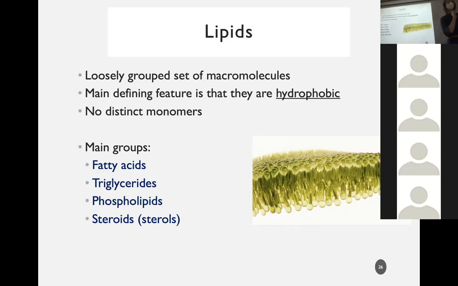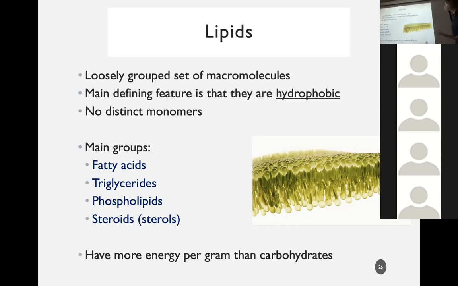First we're going to talk about fatty acids and triglycerides. But first, an important point is that these have a lot more energy per gram than carbohydrates. So they can store a lot of energy in an animal body, or plant, I guess. Lots of energy storage potential compared to carbohydrates.